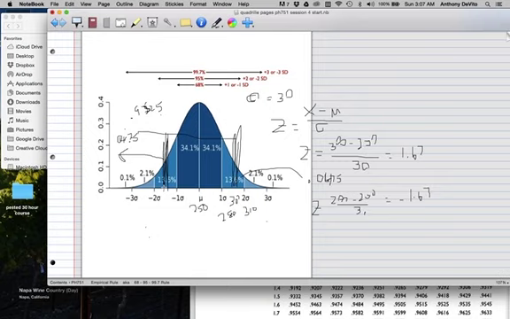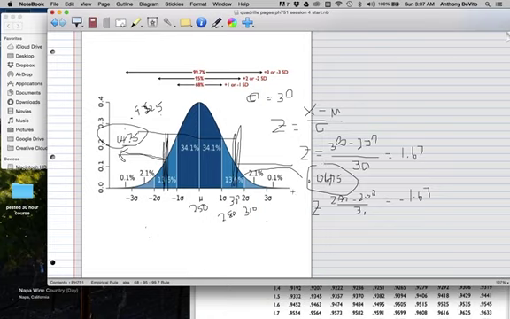So if the question were, what's the probability of selecting a student who spent less than $200 or more than $300, it would be the sum of 4.75% and 4.75%, or 0.095, like 9.5%.